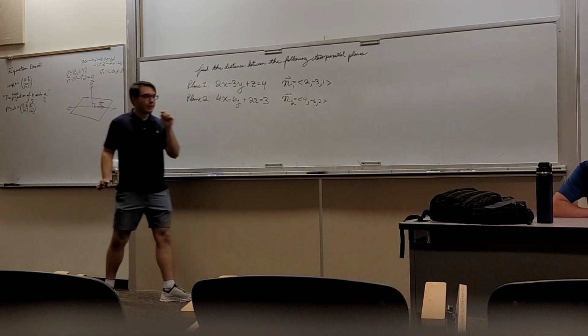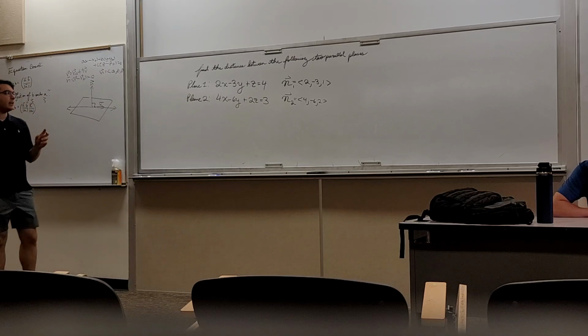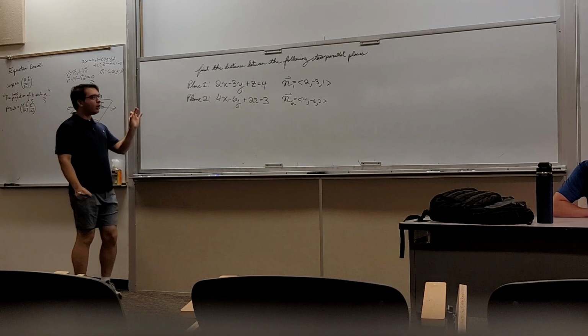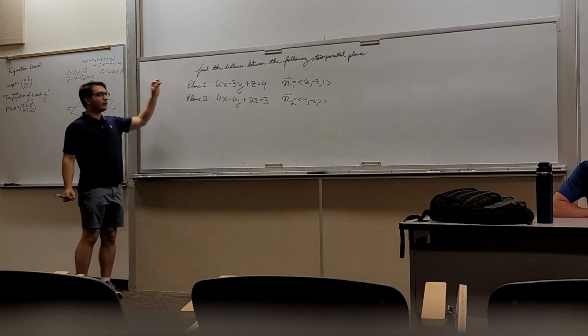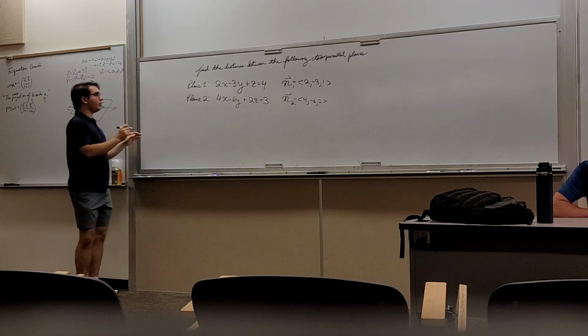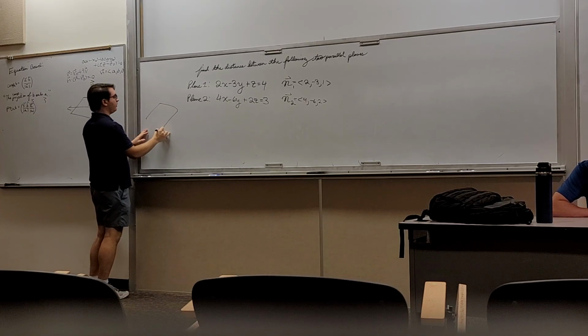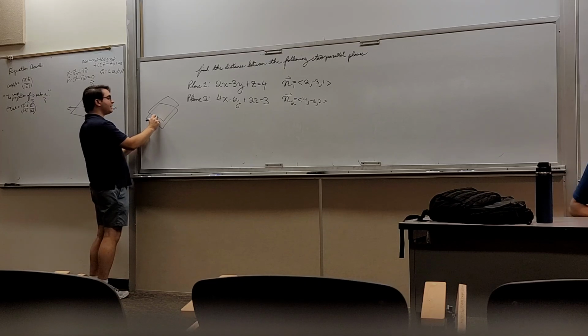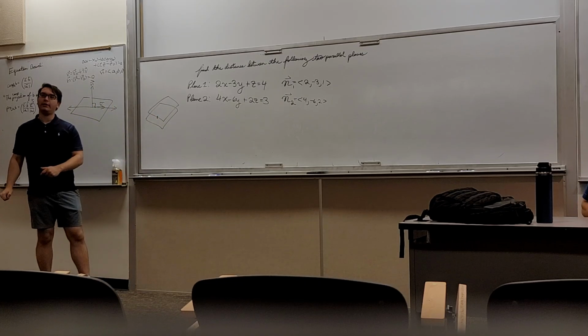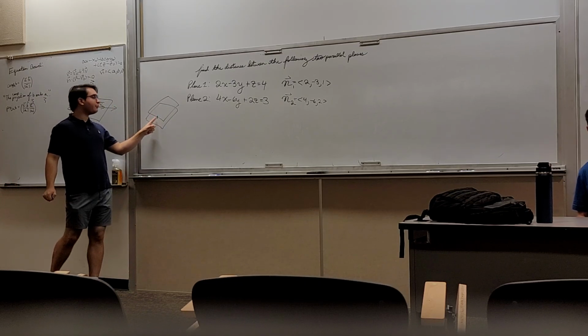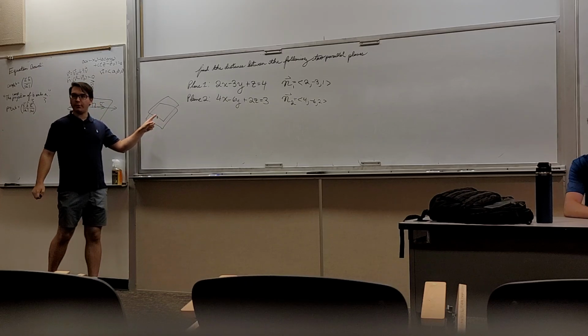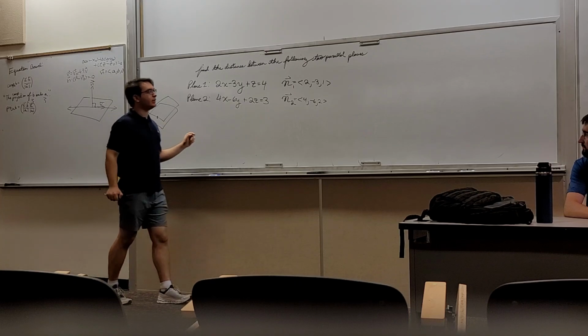Now, the idea to find the distance between them is to find a point on plane 1, and say I have a second plane that's parallel with it. I can find the normal vector and the corresponding distance between the two planes, and then subtract. So find a point on this one, and find the closest corresponding point on that plane, and subtract. Find the distance in between.